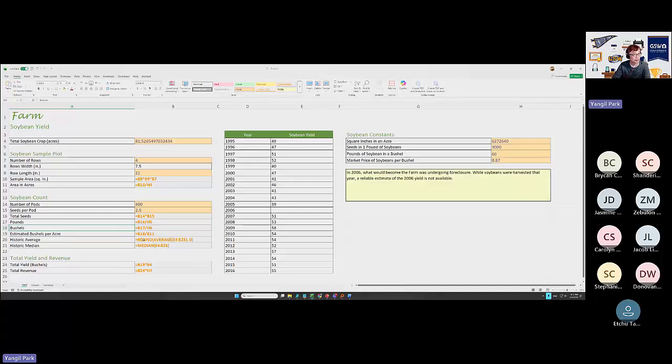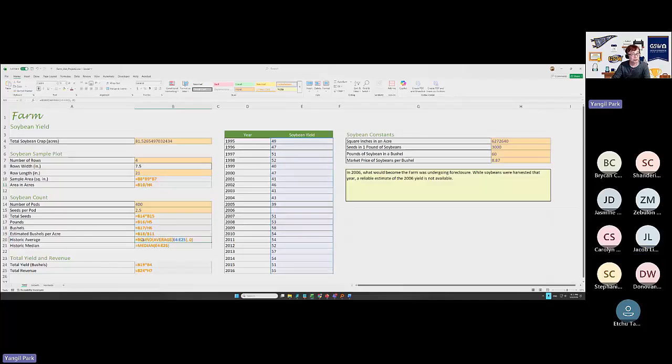Those things are given as well. An estimated bushel per acre. Again, you take that bushel divided by B11, which is the acre in terms of sample area.